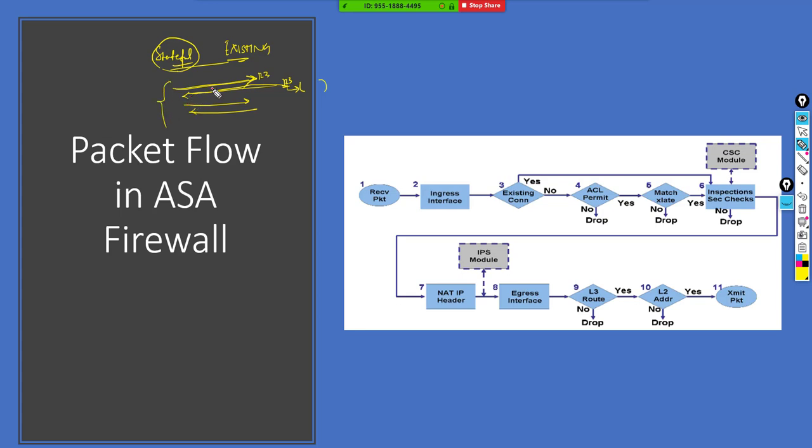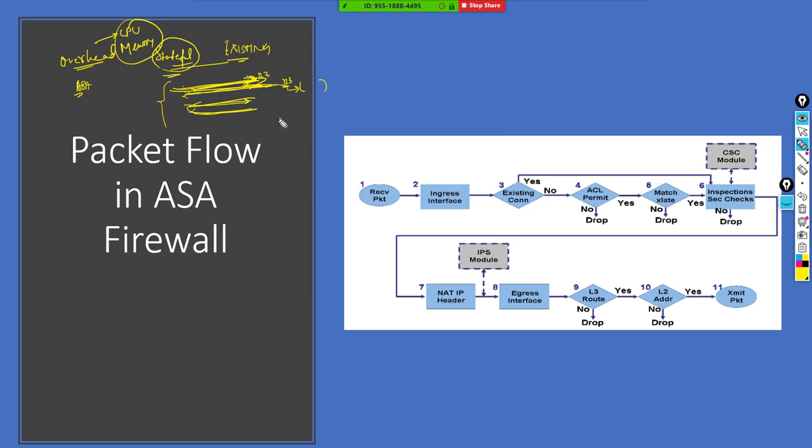If you take it for 1 minute or something, you will see your ASA firewall will have a lot of overhead created. That is the extra CPU and extra memory just for creating new connections every time. So in order to reduce the number of connections, we follow the stateful nature of the firewall.